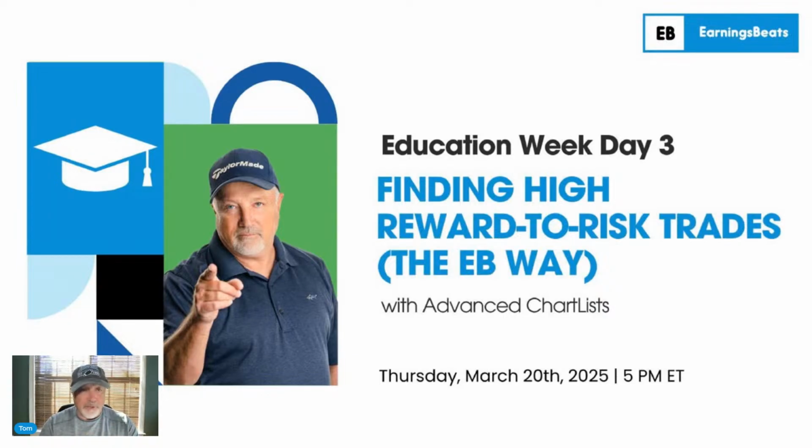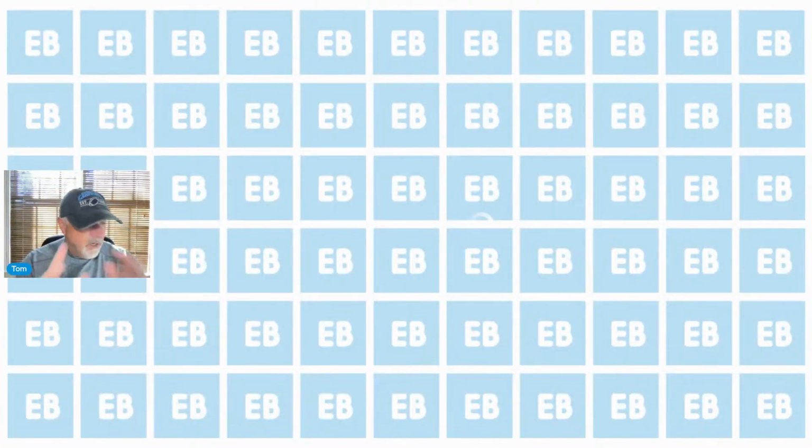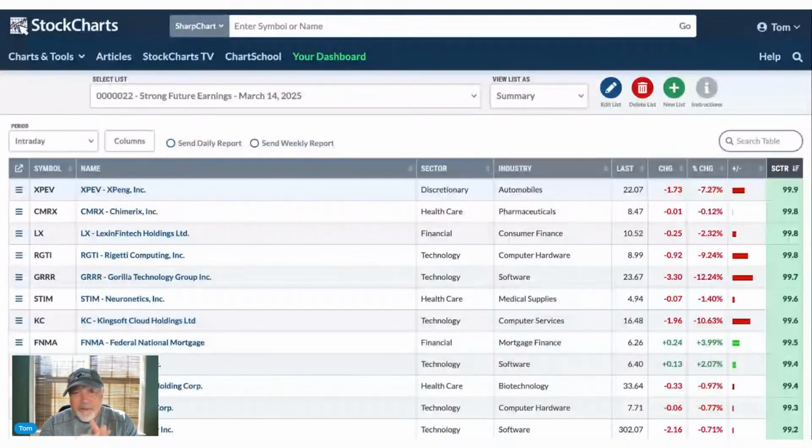So I'm going to start off today talking about the strong future earnings chart list. And just a couple points that I want to make on this. First of all, the strong future earnings chart list was designed to capture companies that are still trading strong technically that are not in our strong earnings chart list.